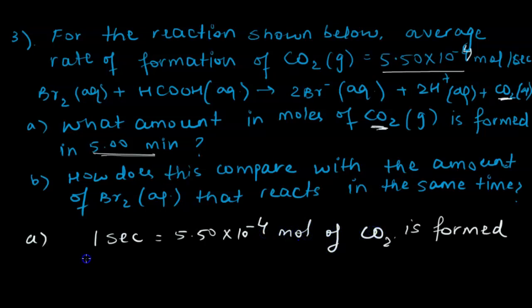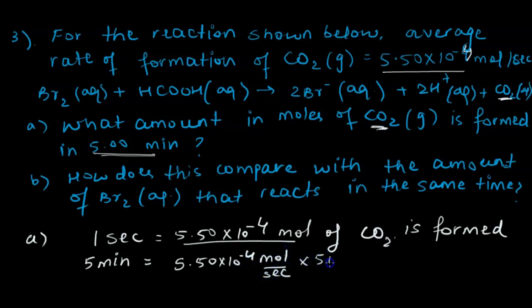We want to find out how many moles of carbon dioxide is formed in 5 minutes. So if 1 second is these many moles, 5 minutes will be 5.50 times 10 to the power negative 4 moles per second multiplied by 5 minutes. Because minutes have to be changed to seconds as this is in seconds, we multiply by 60 seconds per minute.